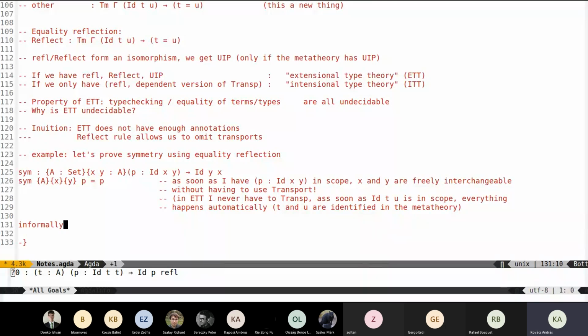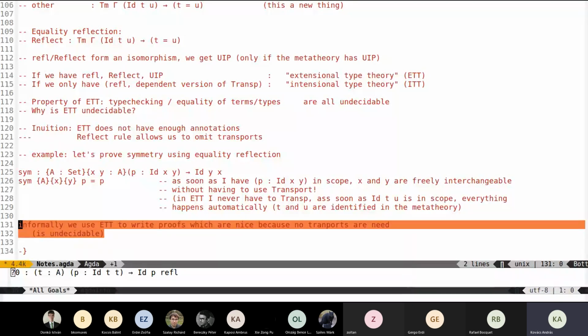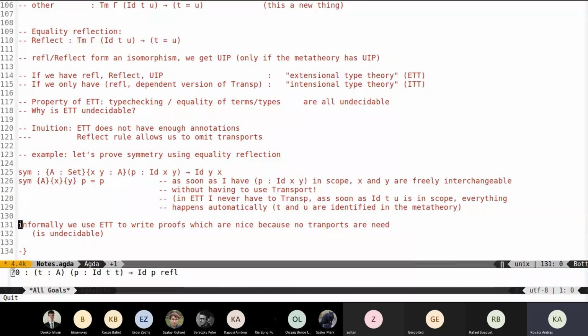Informally, we use ETT to write proofs which are really clean and nice because no transports are needed. But then this kind of ETT notation is undecidable. You can write your proof like this and it will be very, very nice, but there is no algorithm which can check that it's actually valid.